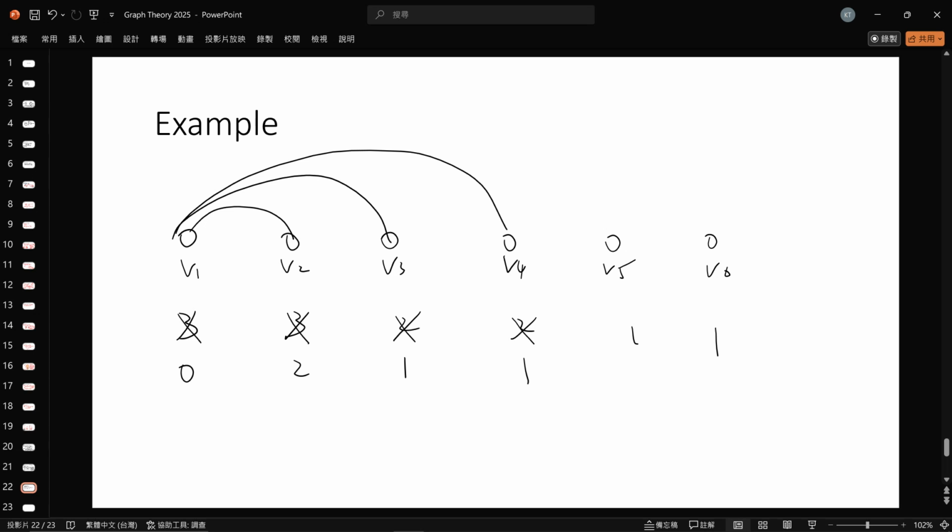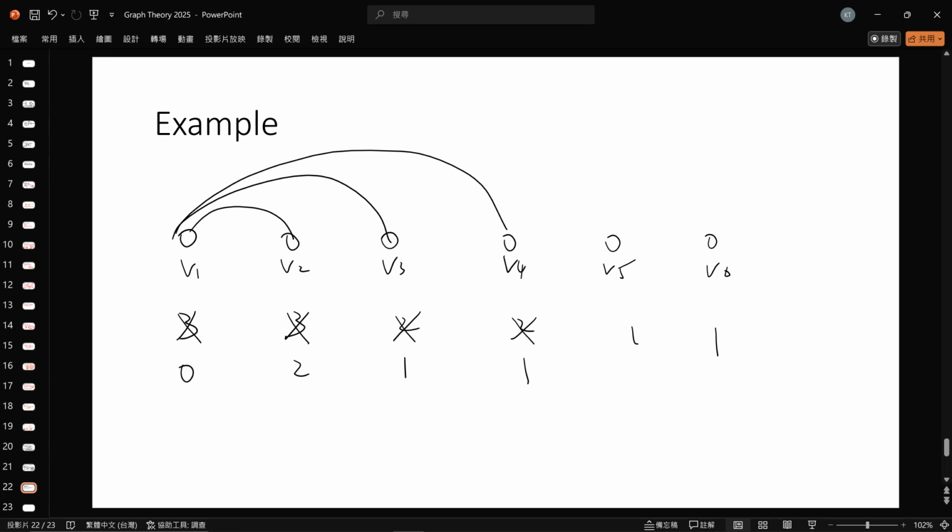All right, so this is like we finish a round, then we need to start the second round. Again, we're going to pick a vertex, any vertex you like. So which one? I'll let you choose. V2, all right, so let's choose V2.